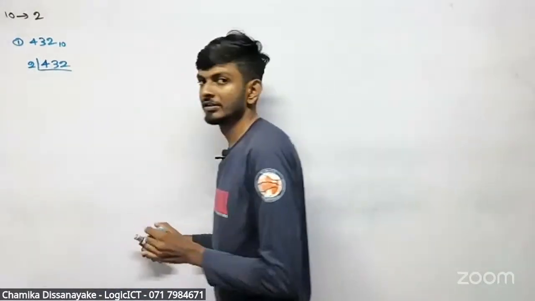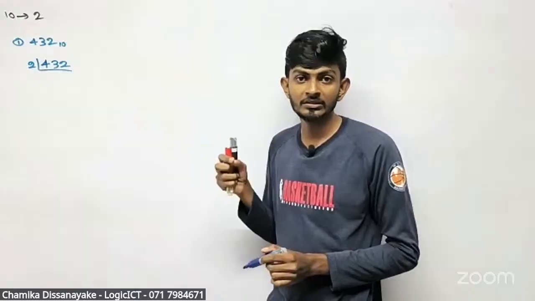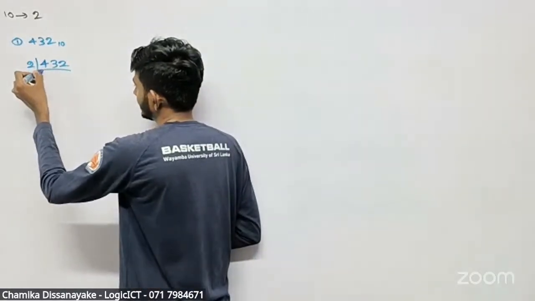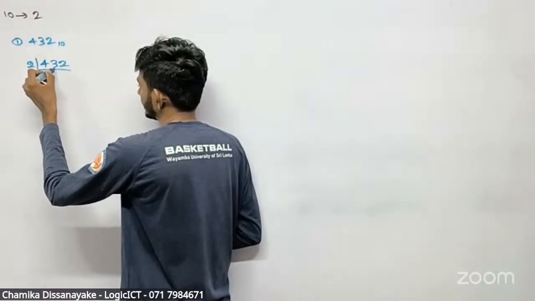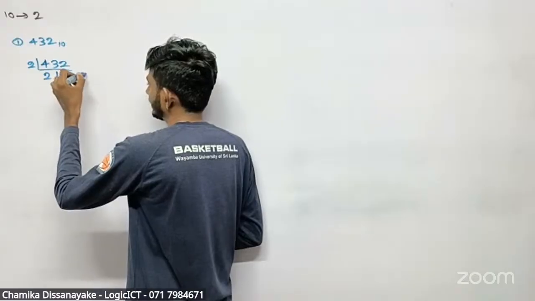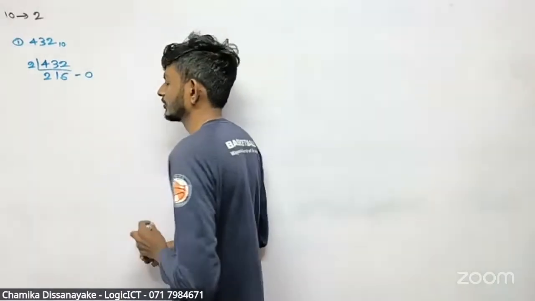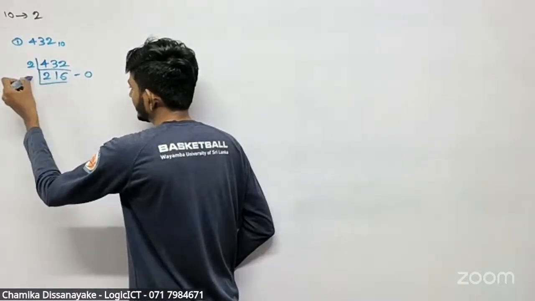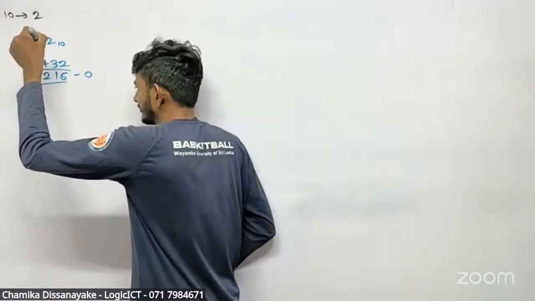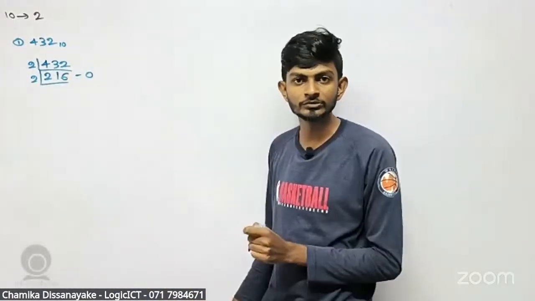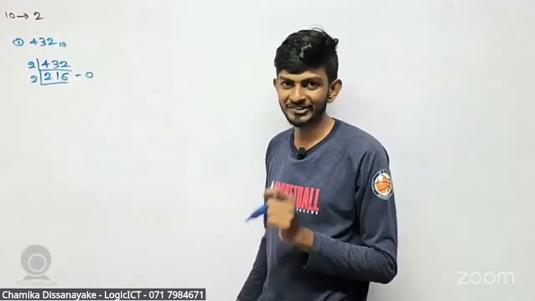Then we have to keep the remainders. So here 432 divided by 2 is 216, and there are no remainders. Zero remainders. And then we divide this one also. We have to divide until it gets 0. That's the rule, a very simple rule.